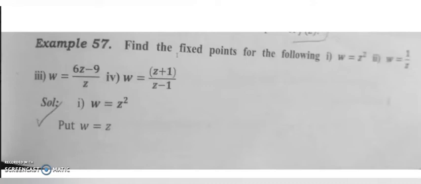So we have learned to find the fixed point. What you have to do? Fixed point means when taking the mapping, both the points are equal. The image is equal to the taken point, right? That is W is equal to Z. Fixed point means W and Z are the same.